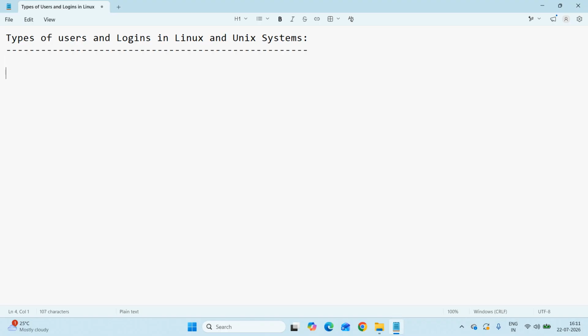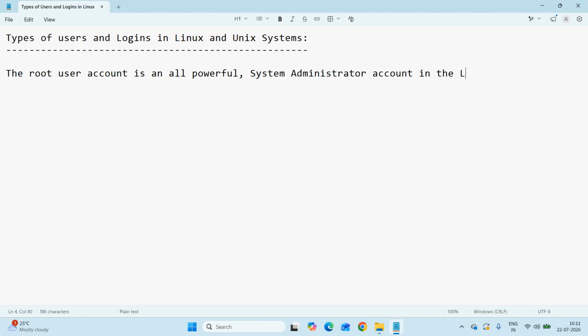Let me write like that, people, here. The root user account is an all-powerful system administrator account in the Linux and Unix systems.